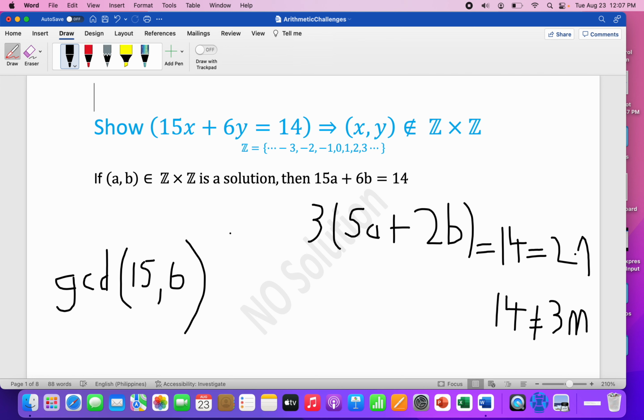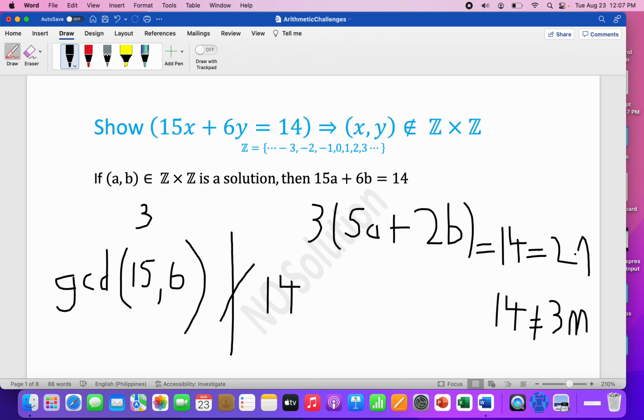So let's put a vertical line. That's the divide operator, folks. But if you put a slash through it like this, it does not divide 14. And that's just a general test for any type of linear equation. Again, this GCD is 3.